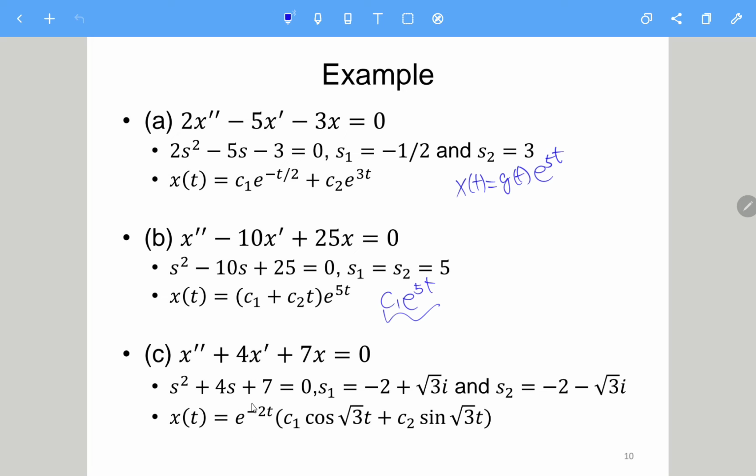So here we have exponential to -2t, this is the real part. And then here we have a cosine, this is the imaginary part of the roots. Square root of 3t, cosine and sine, and then c1, c2, like this. Okay, so if you just remember, then you can just write it out very quickly.